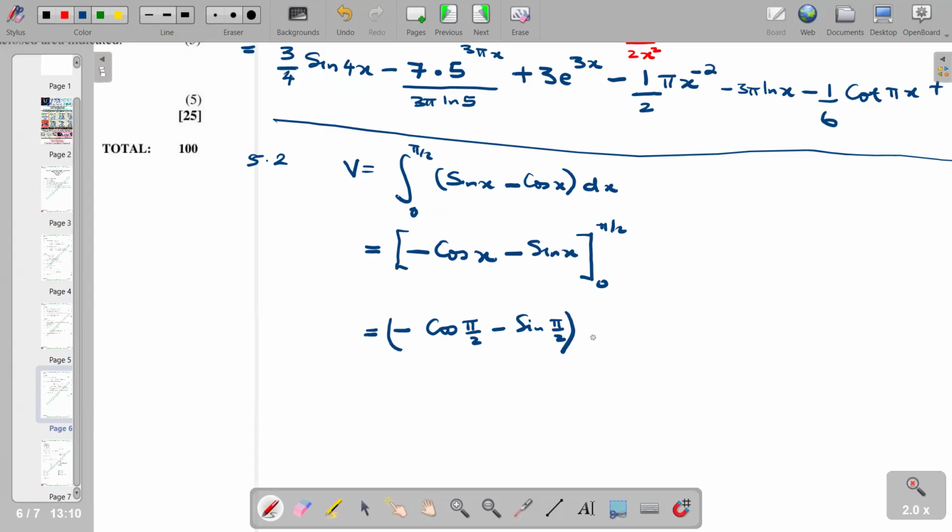We substitute the upper limit, then subtract after we substitute the lower limit: minus cos 0, where the lower limit is 0, minus sine 0. Then to simplify that, we are going to need the use of our calculator.